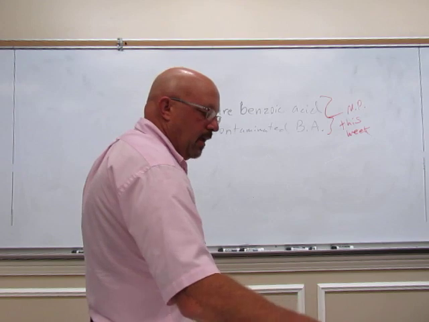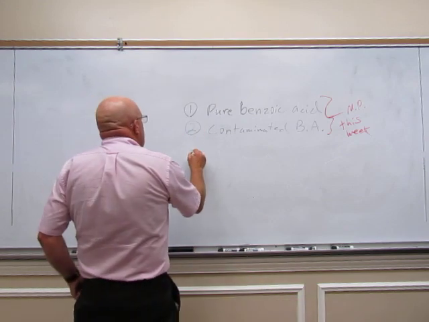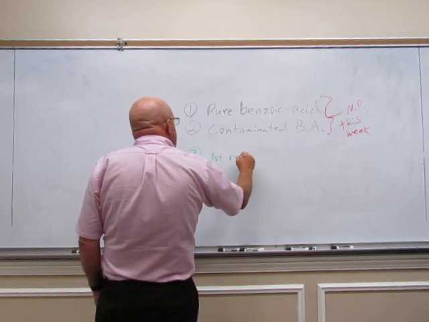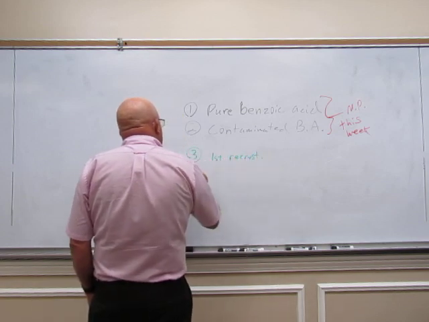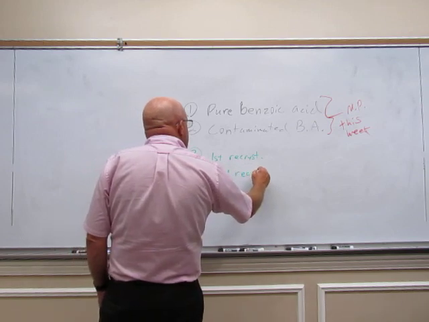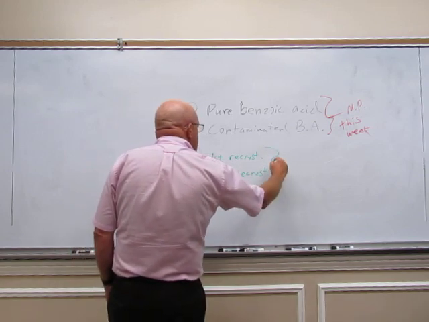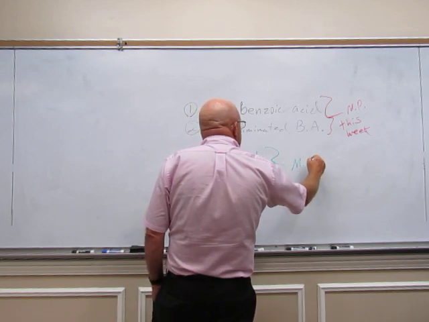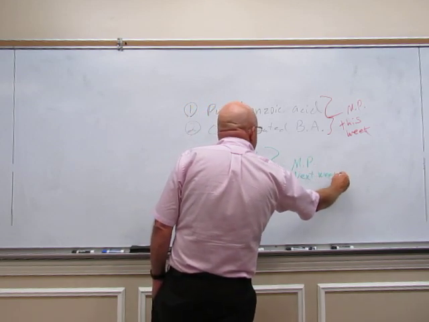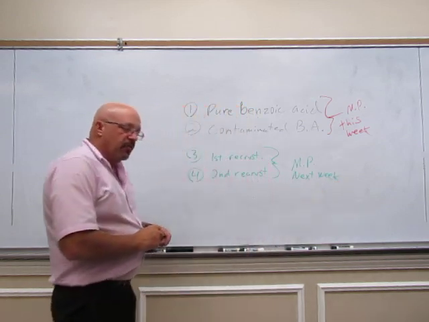Now next week, I want you to do the melting point of your first recrystallization and a melting point of your second recrystallization. So you will save those samples for next week.